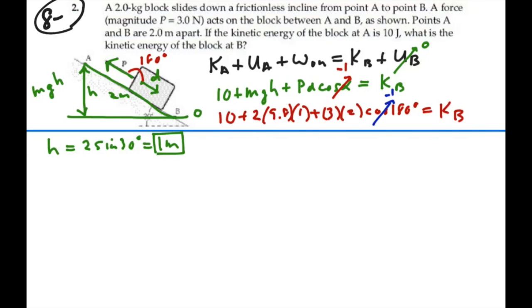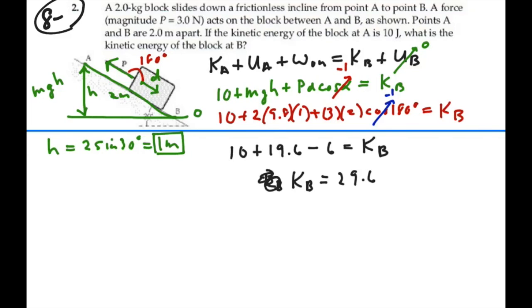And now our equation looks like this. 10 plus 19.6 minus 6 equals the kinetic energy at B. Or the kinetic energy at B is equal to 29.6 minus 6, or 23.6 joules.